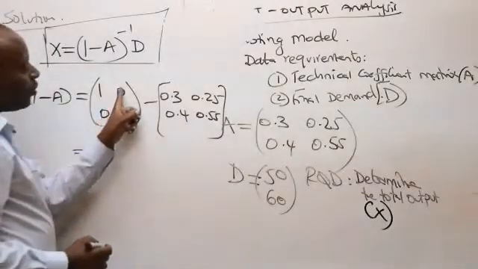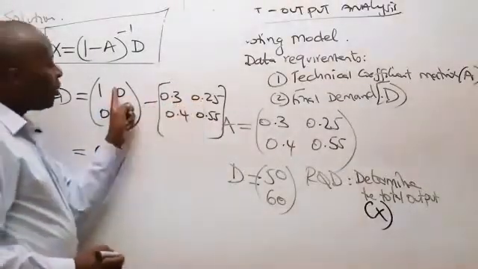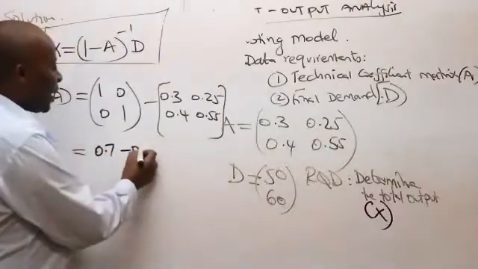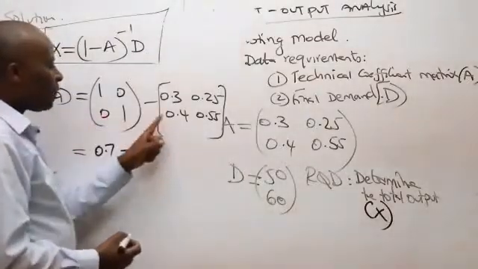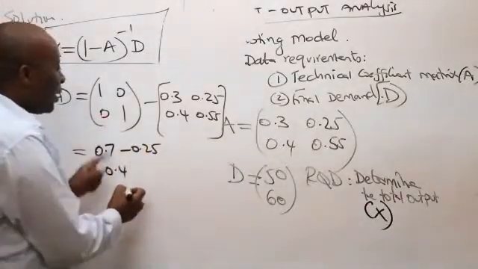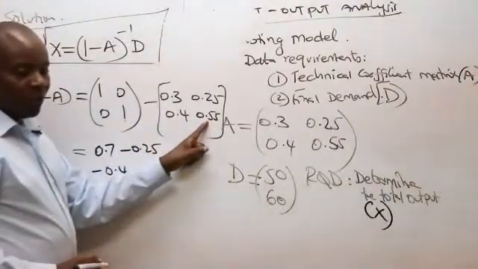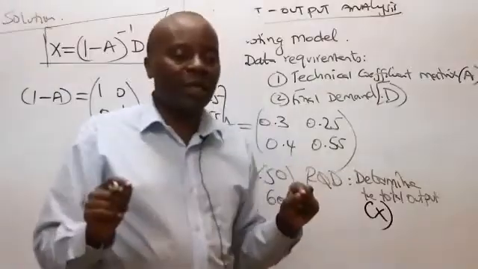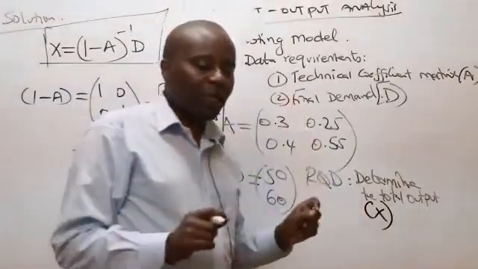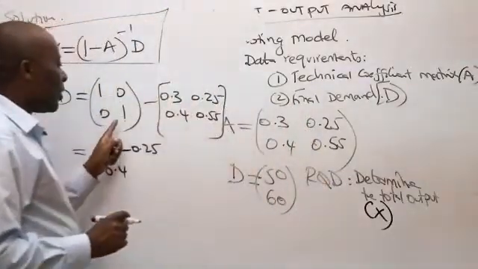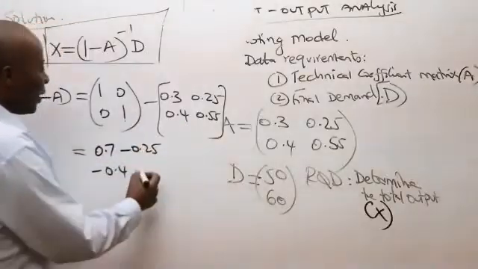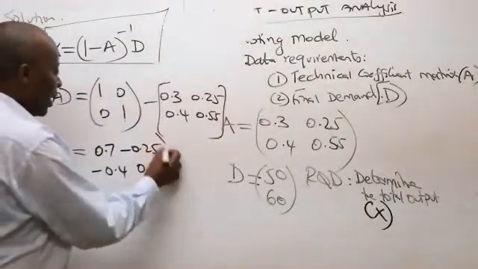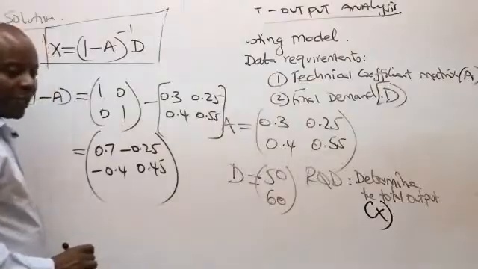And then we have 0 minus 0.25, that gives us minus 0.25. Then this gives us minus 0.4. We are subtracting corresponding elements. So 1 minus 0.55 gives us 0.45 like that.